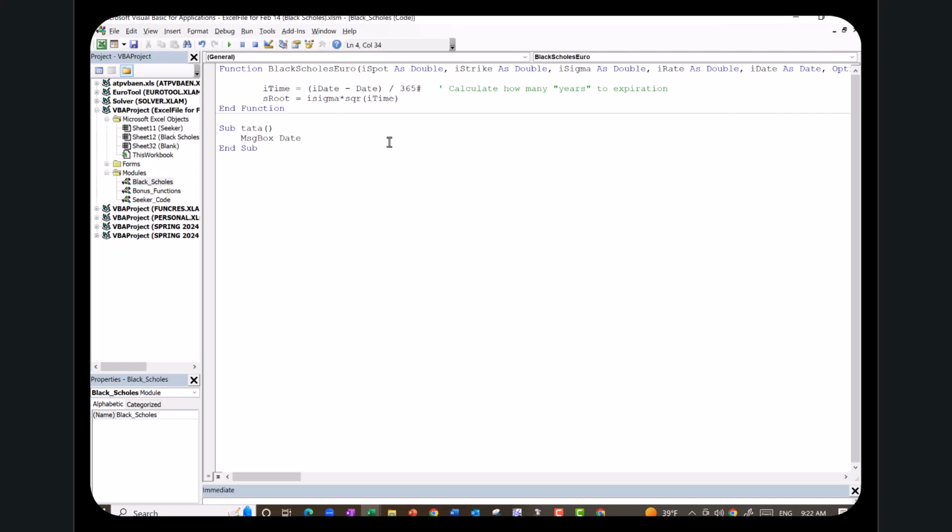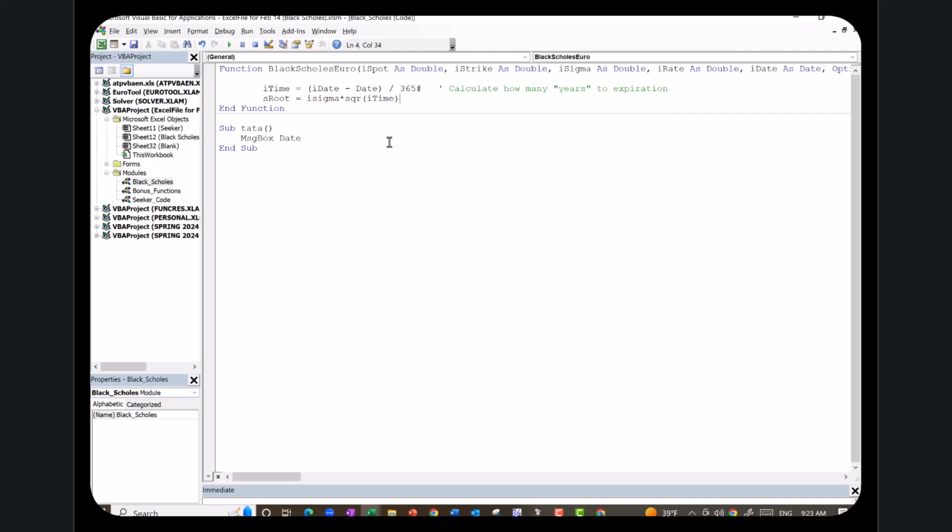One of the things that always annoys me about Microsoft: in worksheets, if you want to refer to the square root function, you use SQRT. In VBA, SQRT is meaningless because there is no such function. If you want to do square root in VBA, you use SQR.